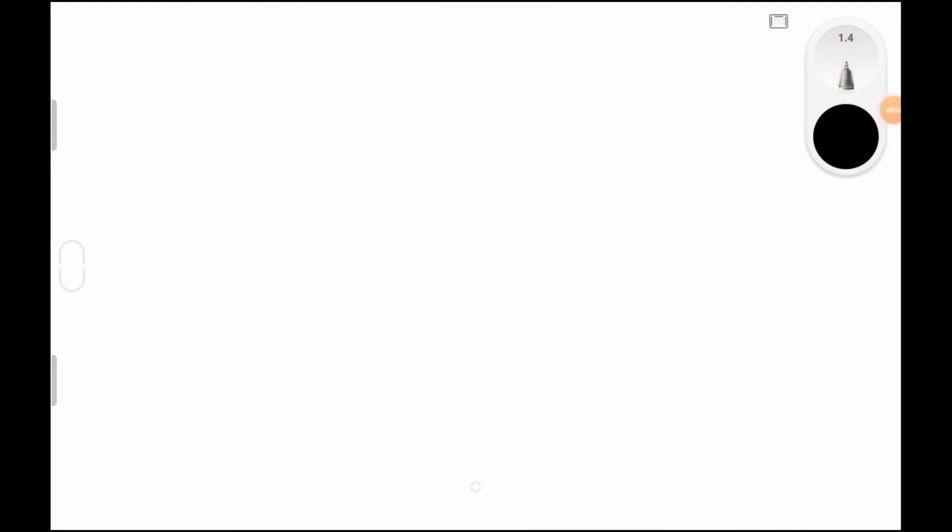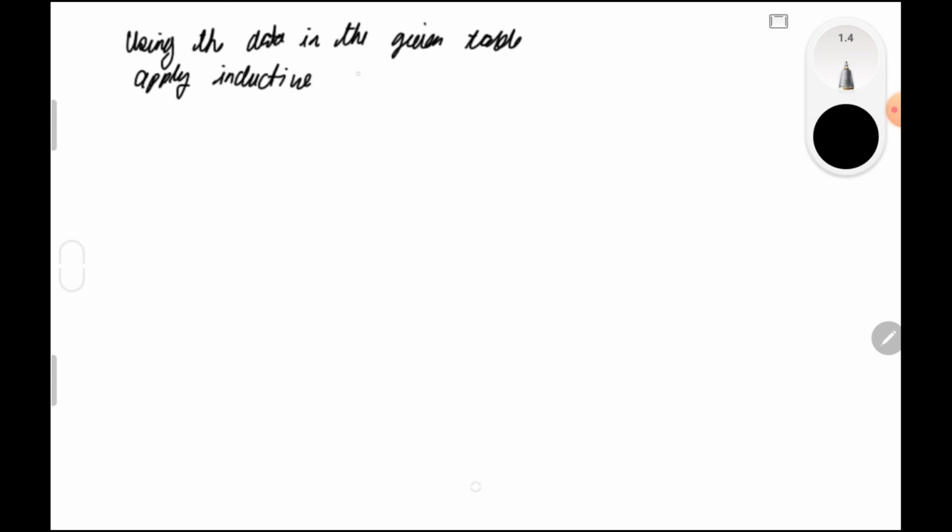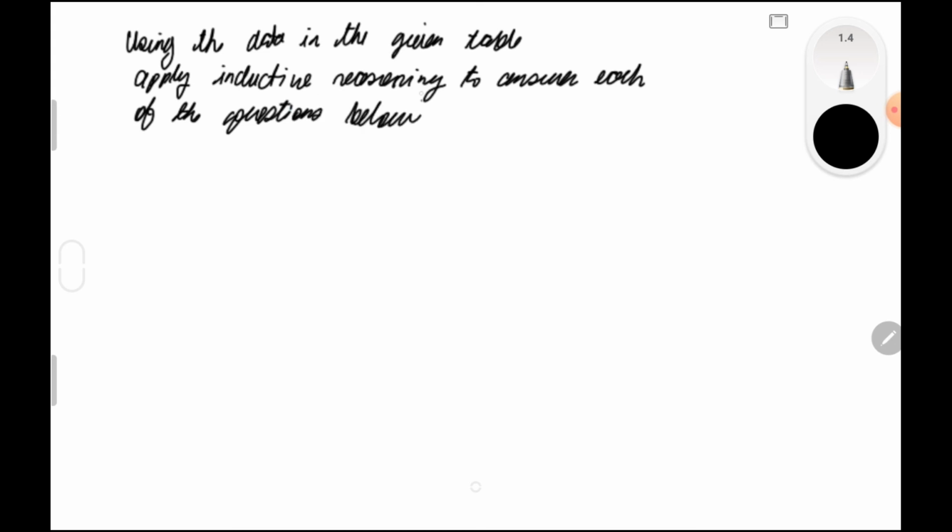Let's have another example in making a conjecture. Okay, so using the data in the given table, apply inductive reasoning to answer each of the questions below. So let's have, okay.